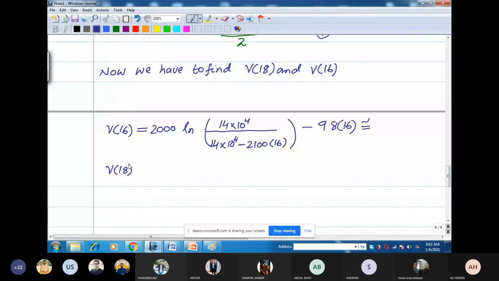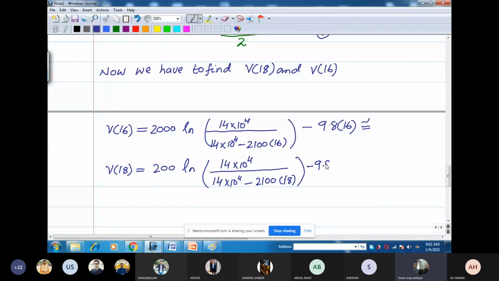Similarly for 18 we put 14 into 10 to the power 4 over 14 into 10 to the power 4 minus 2100 times 18, minus 9.8 times 18.